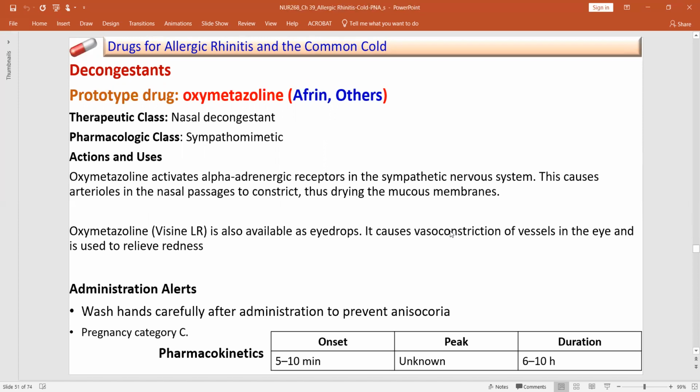This drug is also available as eye drops. It will cause vasoconstriction of the vessels in the eye, and it is used to relieve redness and provide relief from dryness and minor eye irritations.